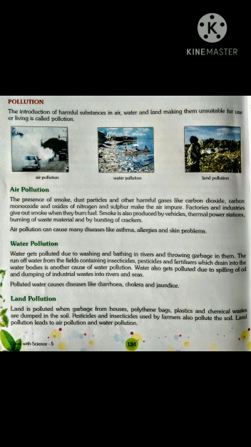Polluted water causes diseases like diarrhea, cholera and jaundice. Then is land pollution. Land is polluted when garbage from houses, polythene bags, plastics and chemical wastes are dumped in the soil. Pesticides and insecticides used by farmers also pollute the soil. Land pollution leads to air pollution and water pollution.